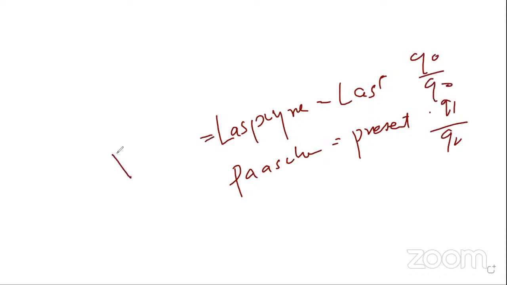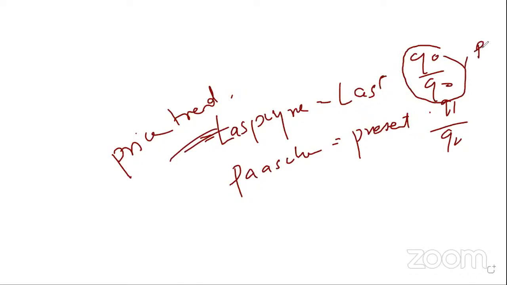Laspeyres, as I told, last. Paasche, present. So here present quantity is the weight and here past quantity is the weight. Laspeyres is used to see the price trend. Why? Because quantity is constant, so whatever is the change is due to price difference.